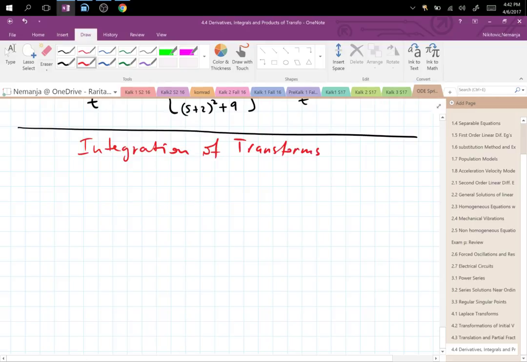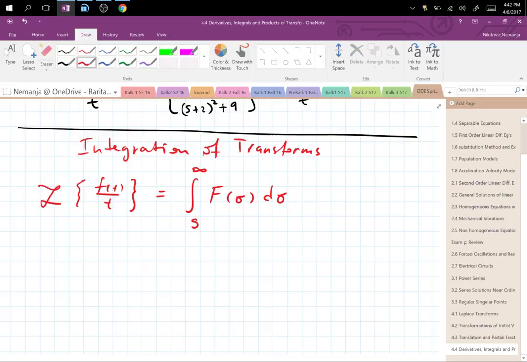So integration of transforms: the Laplace transform of f of t divided by t is equal to the integral from s to infinity of f of sigma. This is just a dummy variable, so you might as well put f of u du.